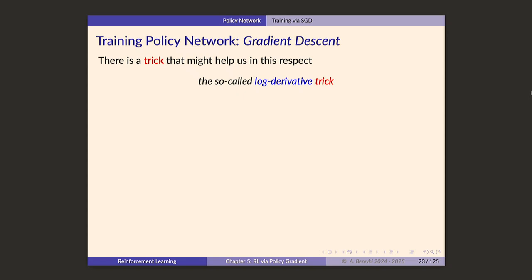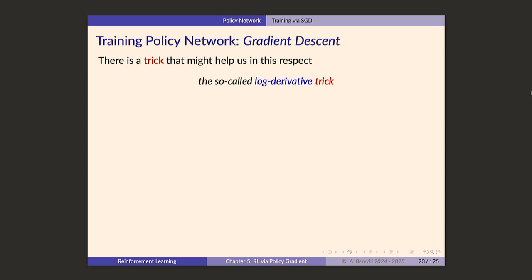The simple trick is what we call the log derivative trick. I mean, it's not a trick really, it's just high school math. If I have this function f, which is a function of x, and I want to take the derivative of f with respect to x, what can I do?